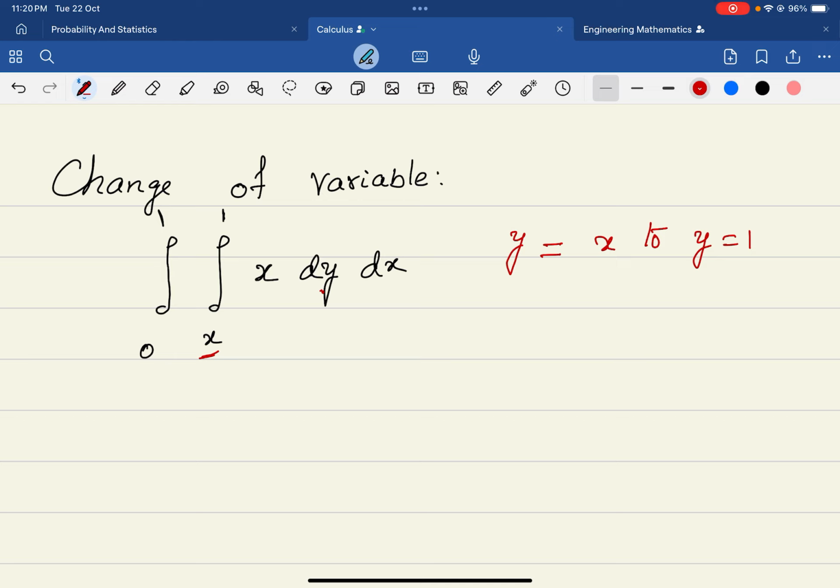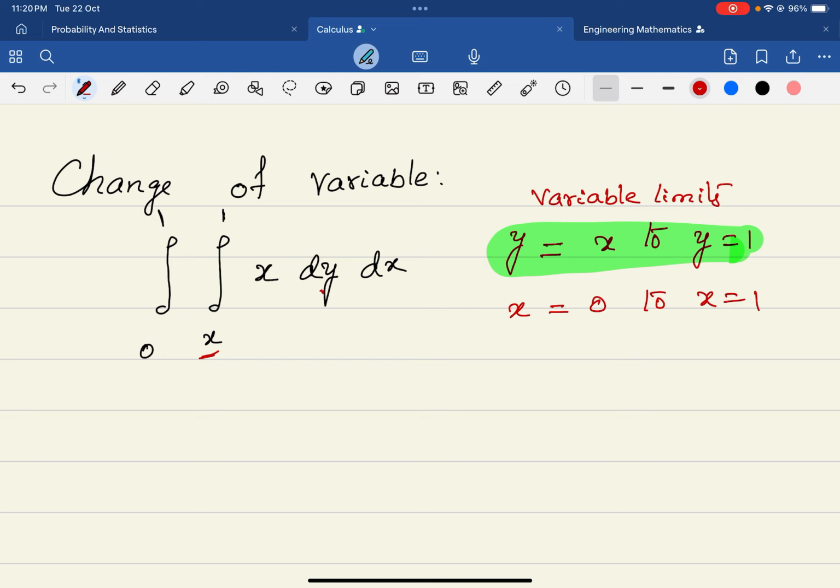Okay, and the limits of x are from 0 to x is equal to 1. These are the limits. Now here, what are the variable limits and what are the constant limits? These limits are the variable limits.